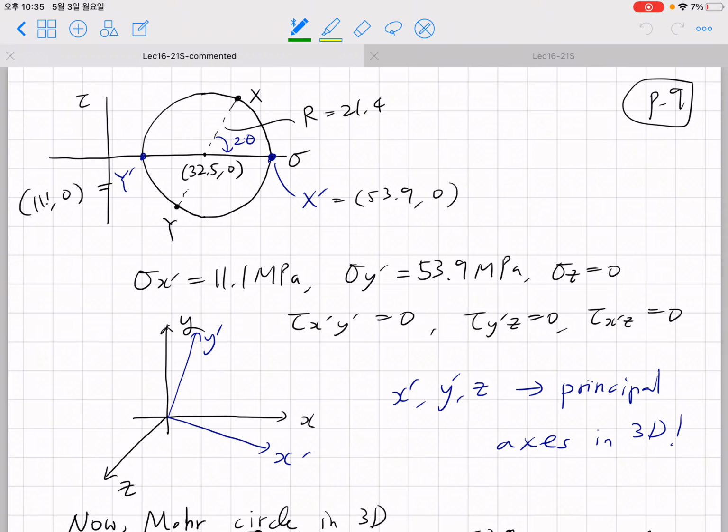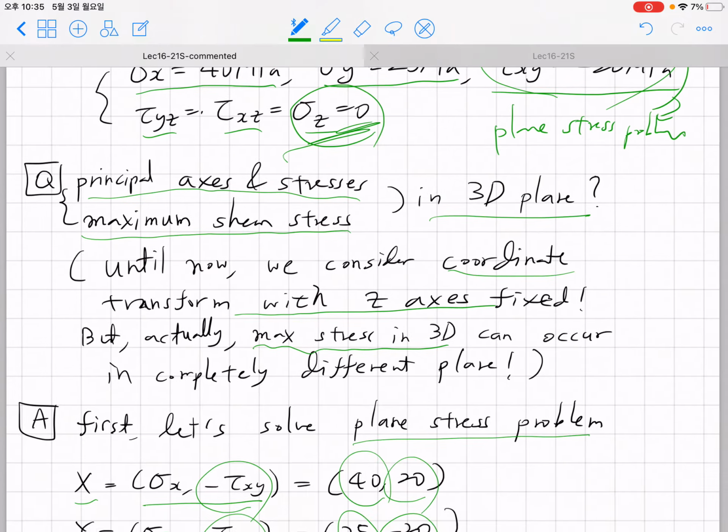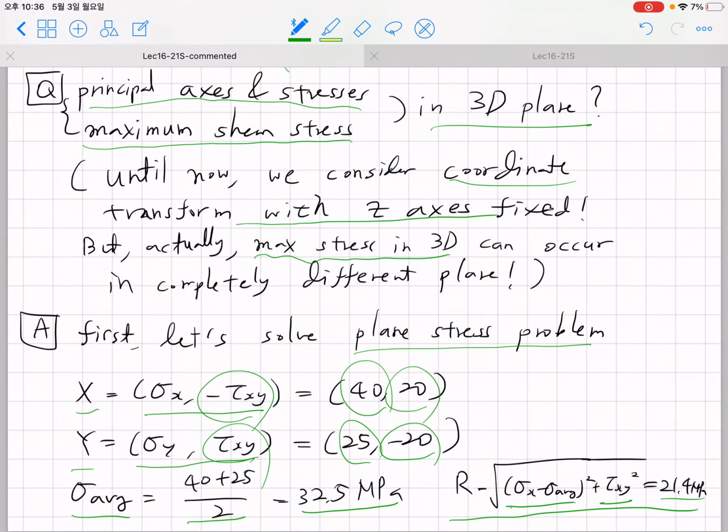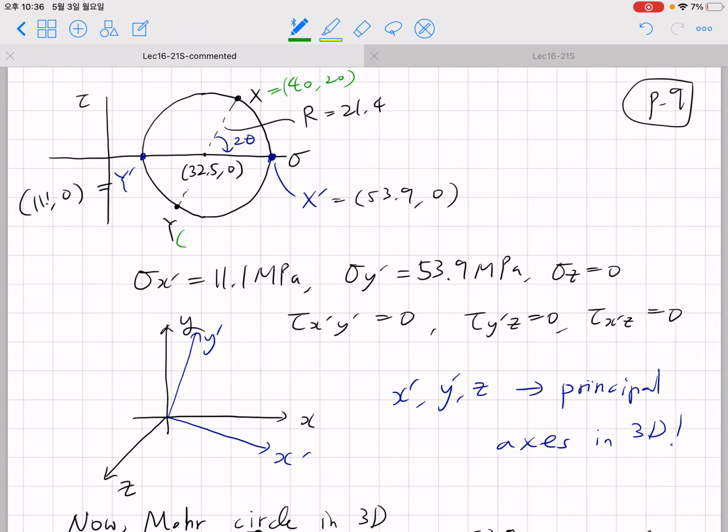We have our x, which is 40 and 20. We have our y, which is 25 and negative 20. And we have our center at 32.5 and 0 position, and the radius is 21.4 megapascal.